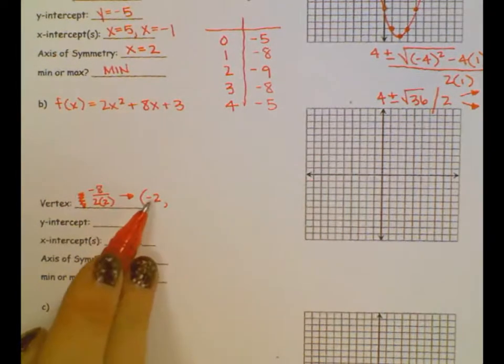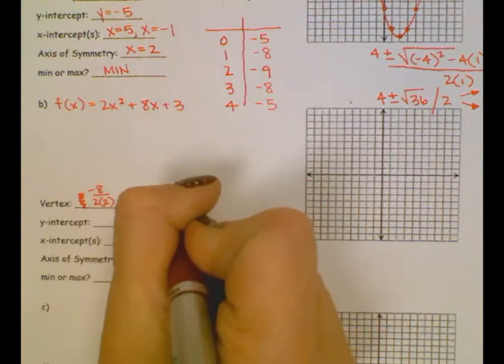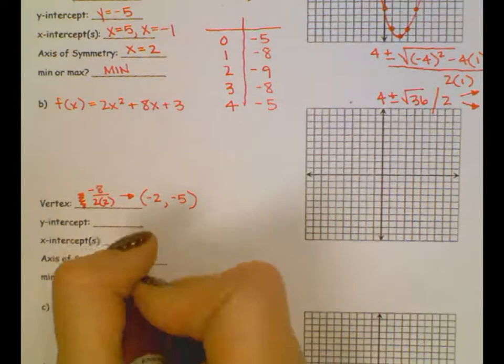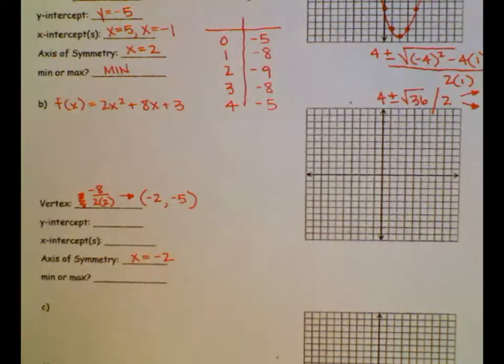Now let's plug this negative 2 back in here to get our y. So 2 times negative 2 squared plus 8 times negative 2 plus 3. So negative 5. Easy. Now we can answer the axis of symmetry. It's always your x-coordinate, so x equals negative 2.